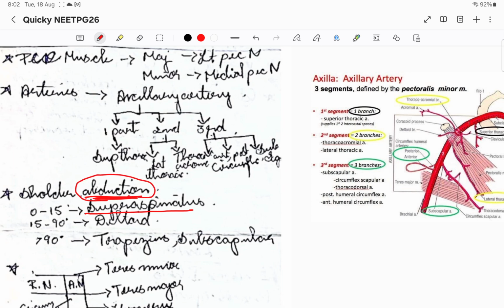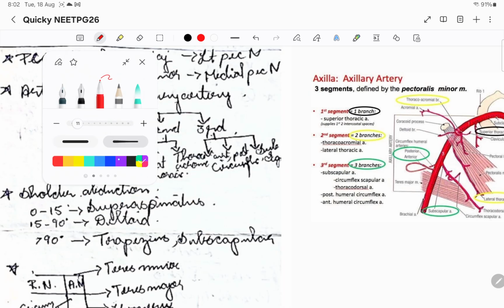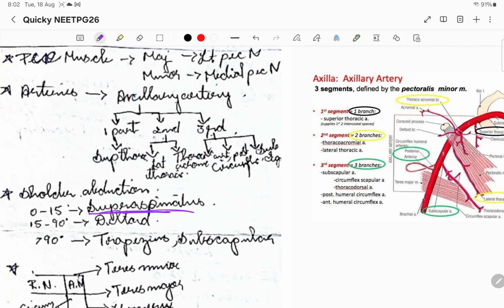Please remember that. Please don't confuse between these two words. Abduction is moving away from the body, and adduction is moving towards the body. Please remember this. Okay, so abduction begins with the supraspinatus. Just the beginning part is the supraspinatus.